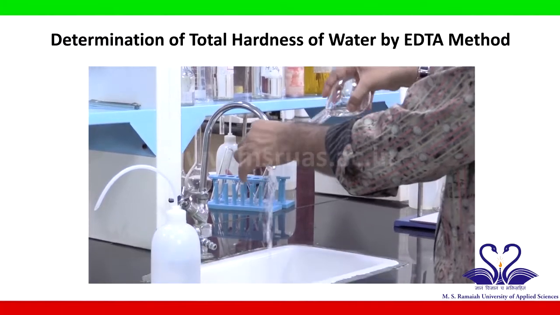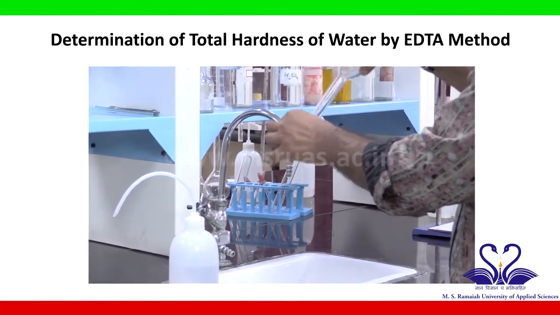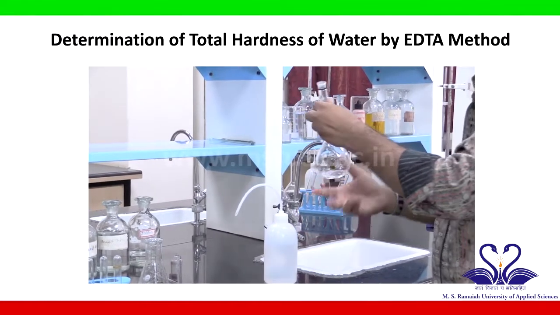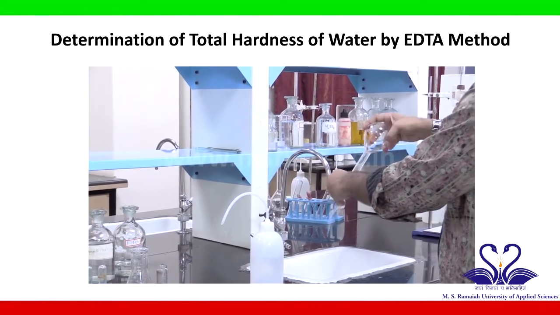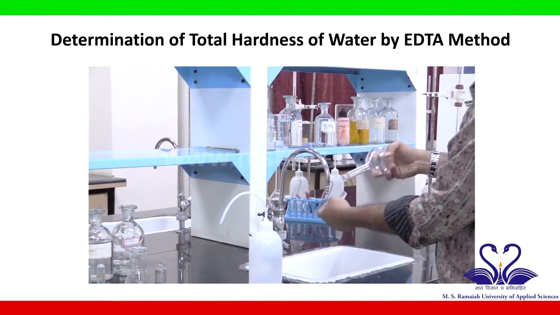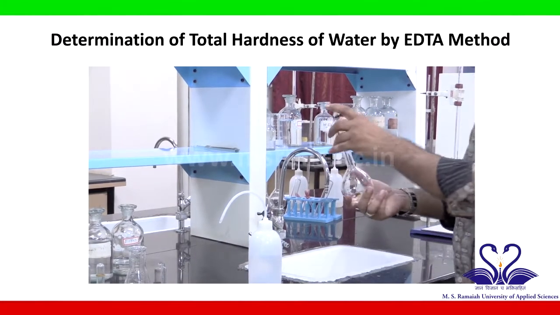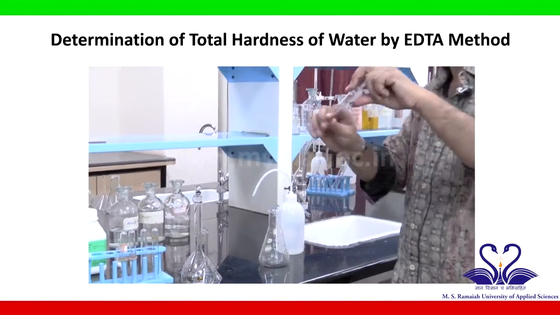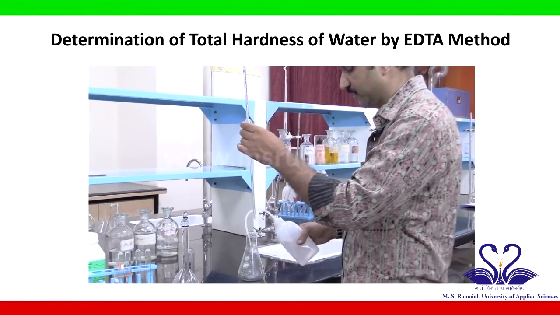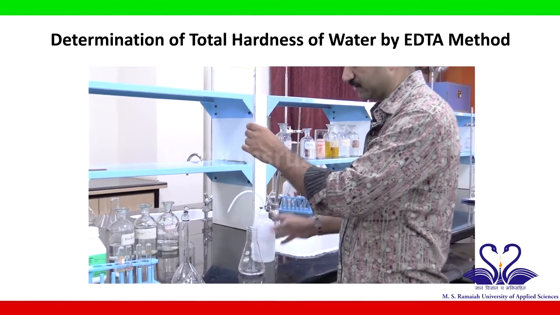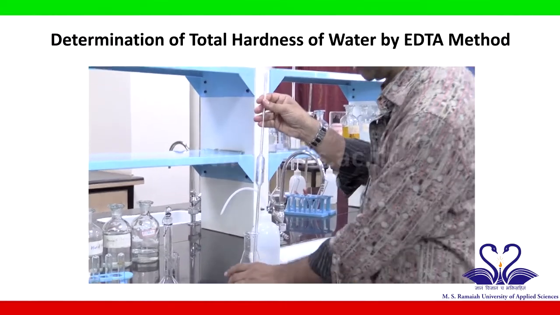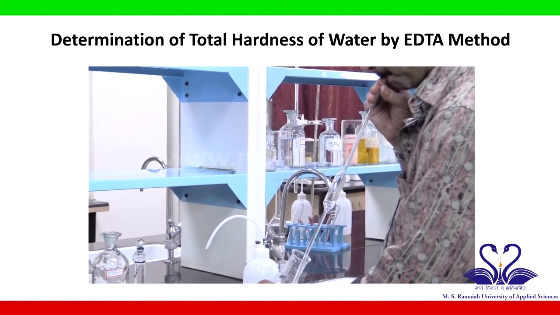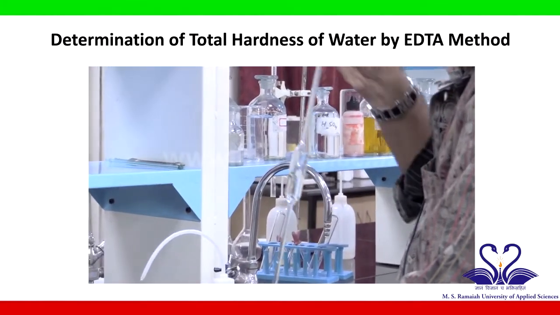Thoroughly wash 2 to 3 times because the standard solution is important. Wash with water and then rinse with distilled water. The funnel also should be, the burette also should be washed. So the burette, you can wash it by taking some quantity of water in the beaker, sucking it with the bulb.